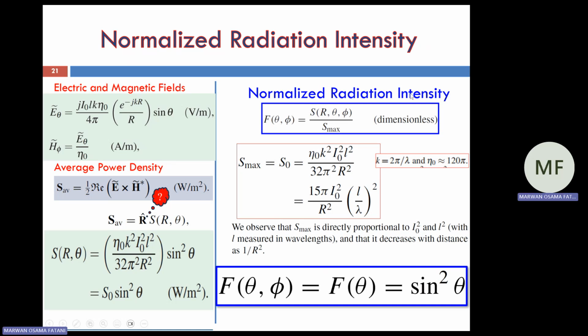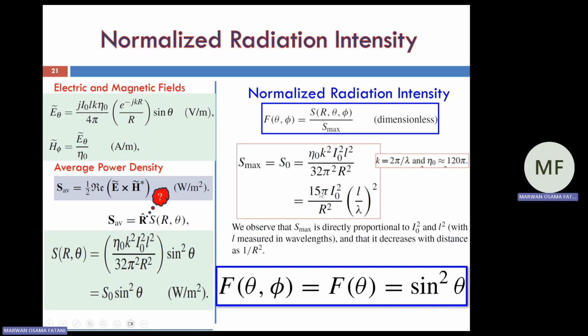Now, the normalized radiation intensity, which is the intensity at a specific place in the pattern, is F theta phi. And it can be simplified as F theta is equal to sine squared theta.